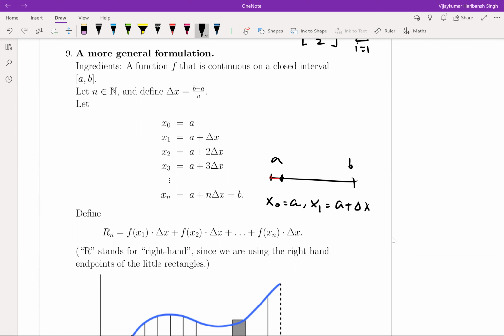Then the third point is this delta x plus this delta x plus a, so x2 is going to be a plus 2 delta x. Similarly, x3 is going to be a plus 3 delta x, and so on, all the way until xn, which is a plus n delta x, which is your b.